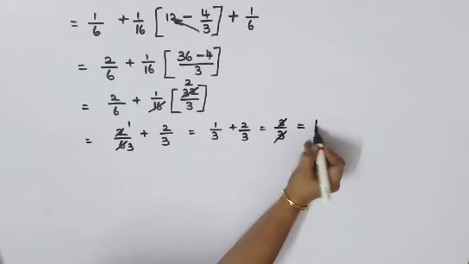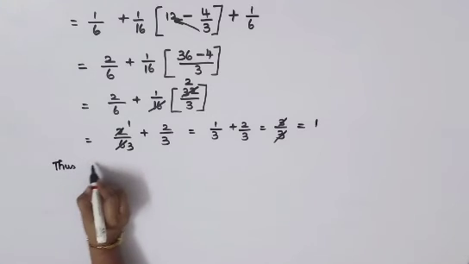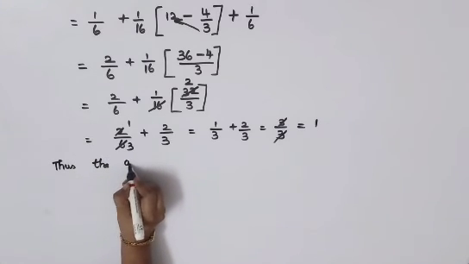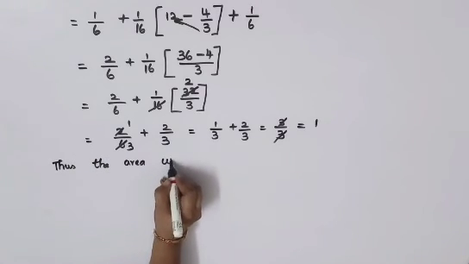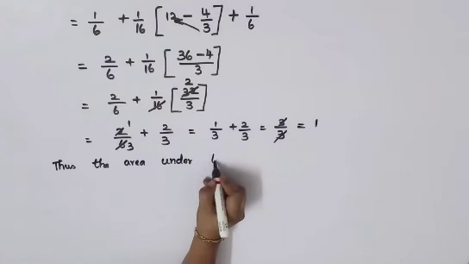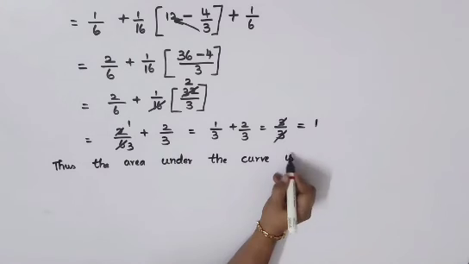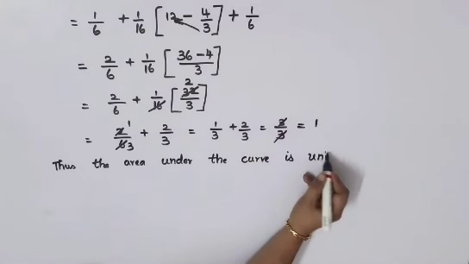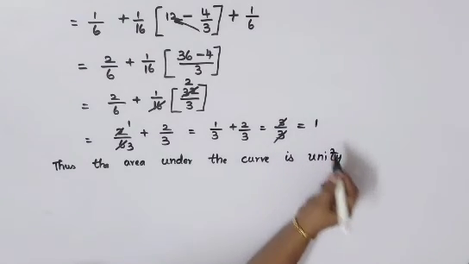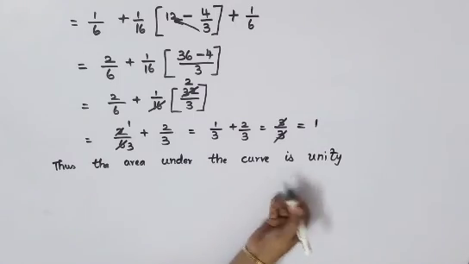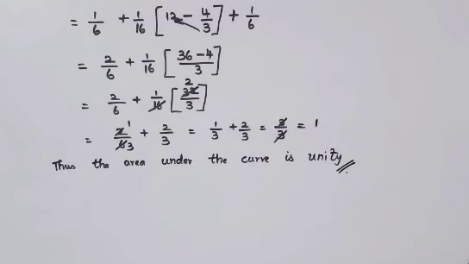Your answer will be 1. Thus the area under the curve is unity. That is what they have asked you to prove. So we have got 1 here. Therefore we can declare the answer under the curve is unity. This is the answer for your 7th question.